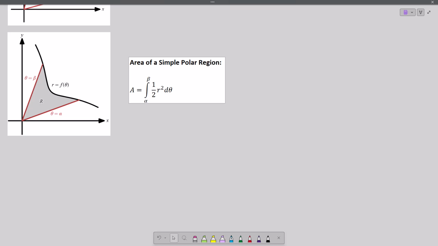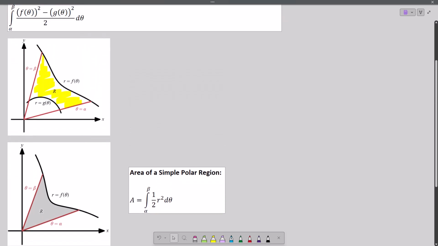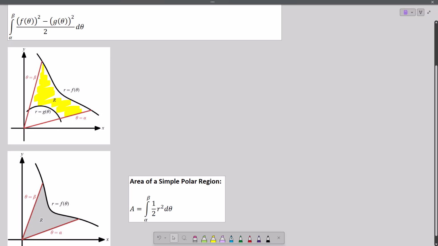The limit of the Riemann sum will give us that integral. What they've done in this book is generalized it right out of the gate. They say, hey, let's find the area between two polar curves.